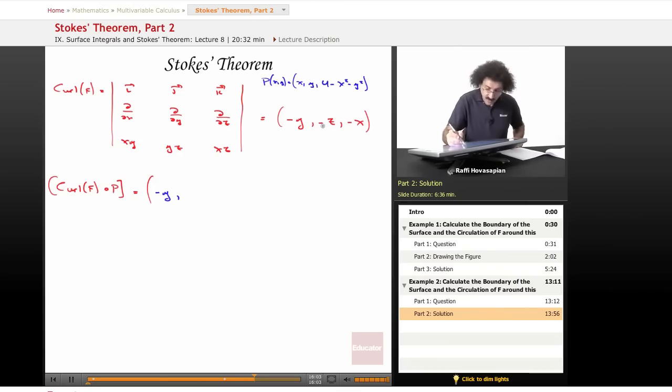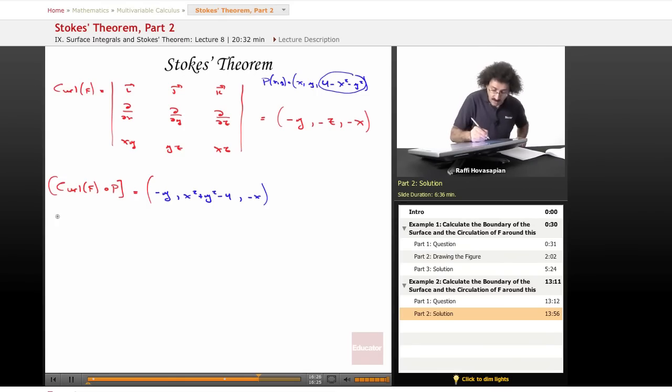Minus z is minus this thing, so it's going to be x squared plus y squared minus 4. And of course minus x stays the same. This is our curl of F of p.